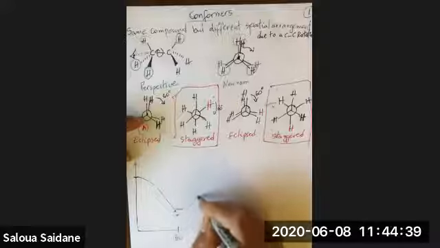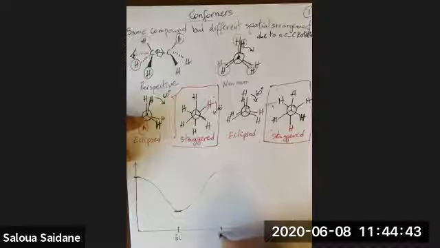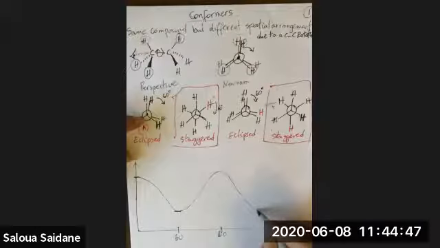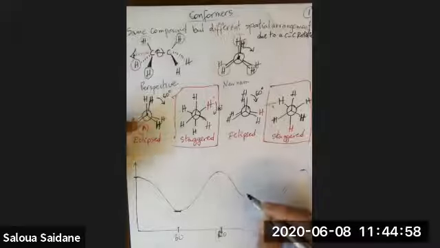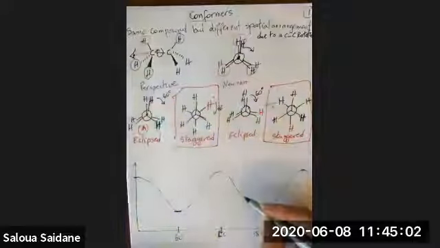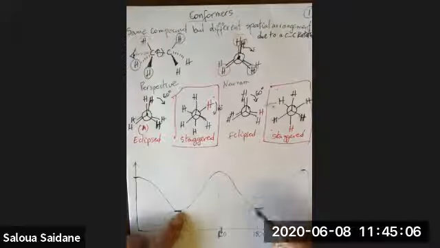Then you rotate it another 60 degrees, it becomes eclipsed again. So this would be 120. Then 60 degrees later, which is 180, more stable, then up, and then down. So you get this idea that the molecule keeps on going back and forth from stable to unstable, stable to unstable, stable to unstable.